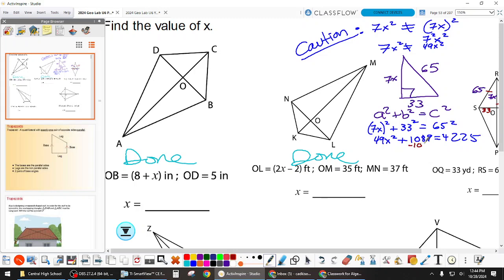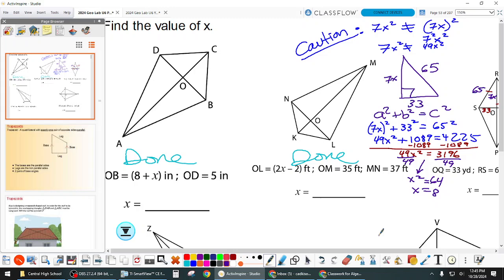All of this is fairly routine algebra. Now, from this point, what is that number? 3,000 something? Divide by 49. And we'll get x squared equals 64 and x equals 8.